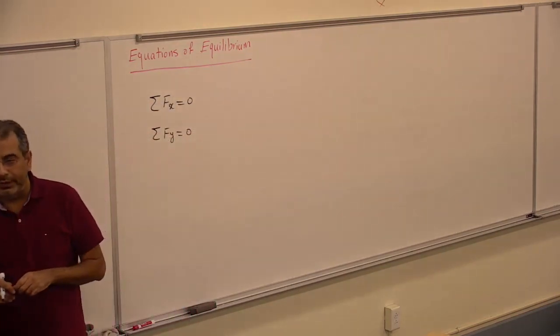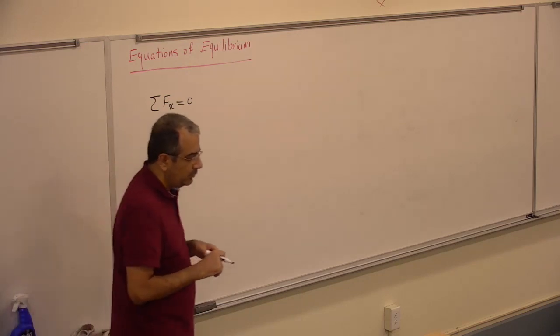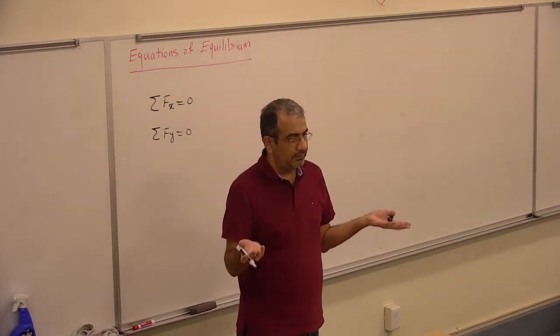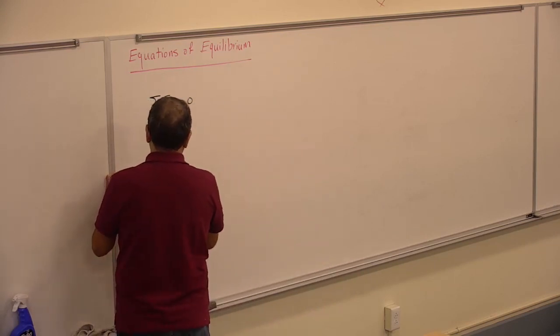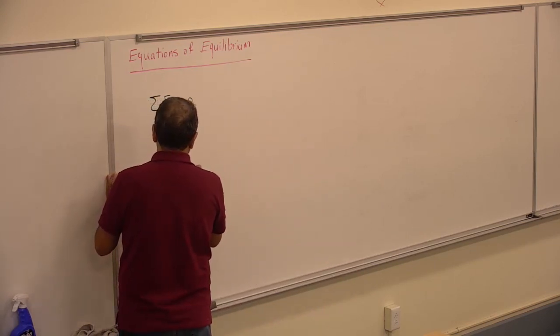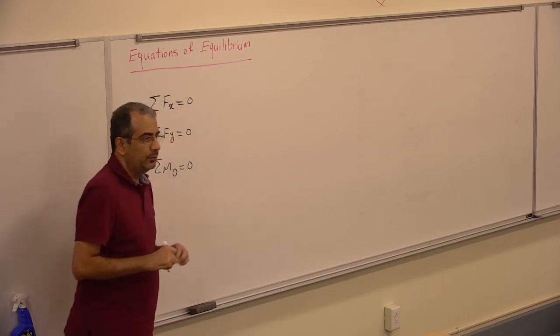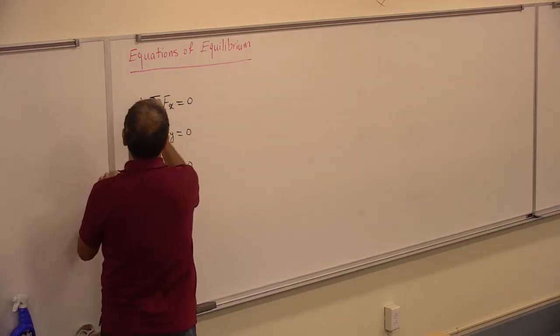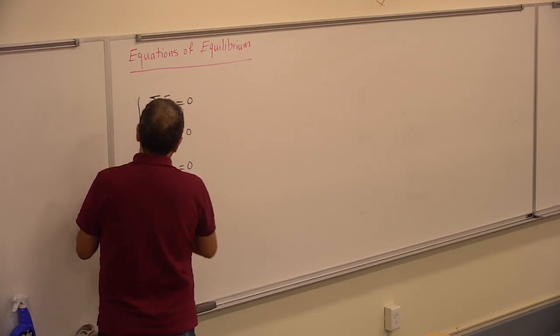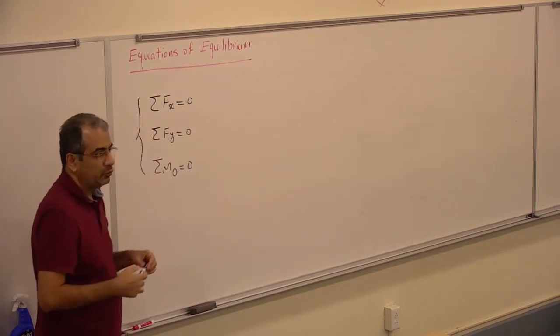Also, I want to make sure that it is not rotating, it doesn't spin. So I have to find the sigma M about point O equal to 0. So that is the first form of the equilibrium equations in 2D.